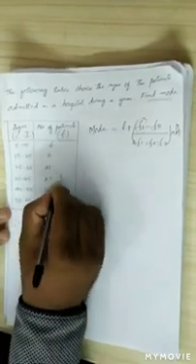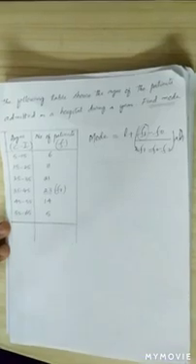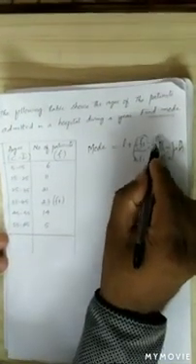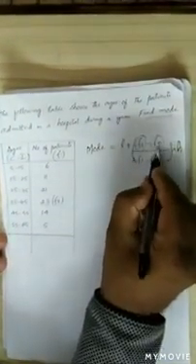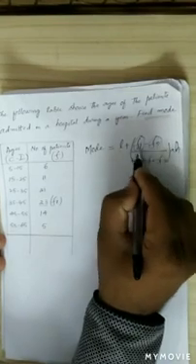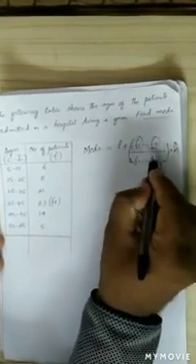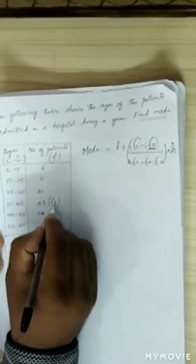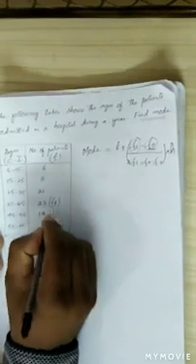We can all see the highest frequency is 23, so 23 is our F1. Now I'm moving towards F0. F0 is the frequency of the class preceding the modal class, so F0 comes before F1. So this is F1.